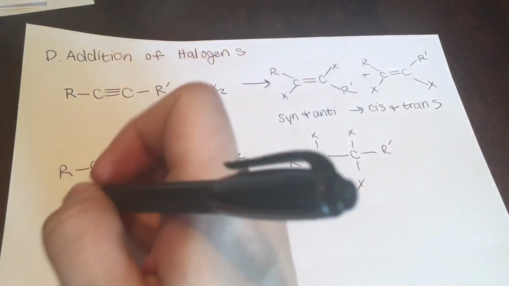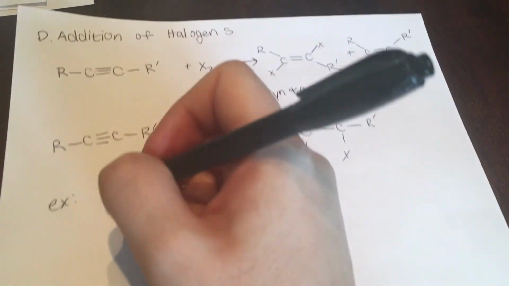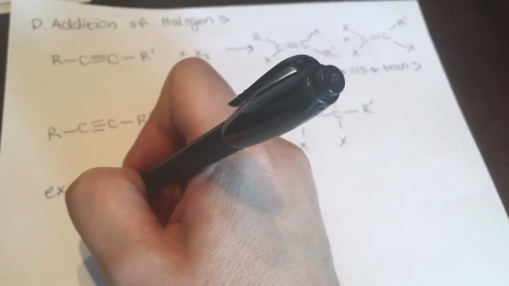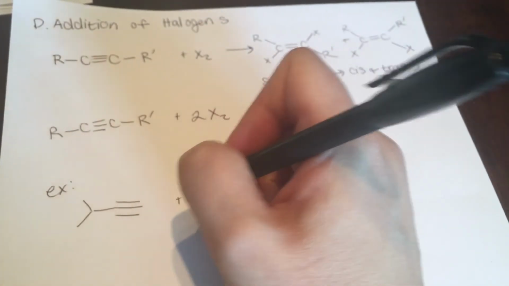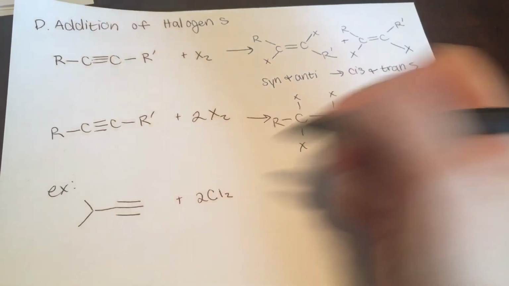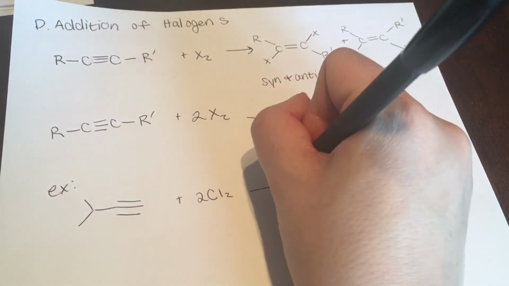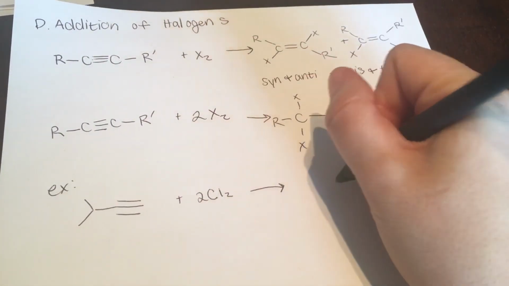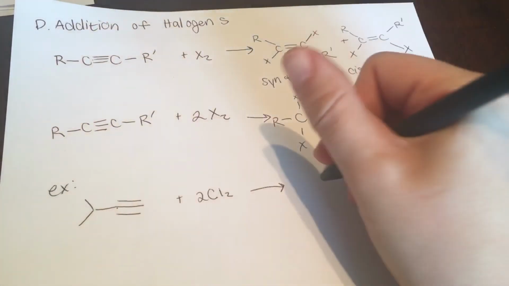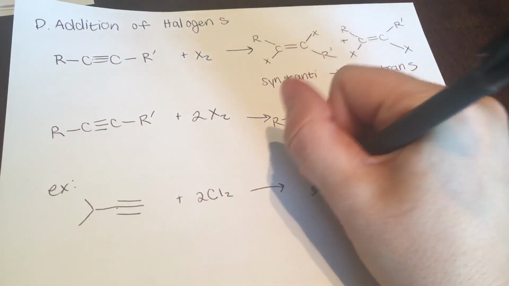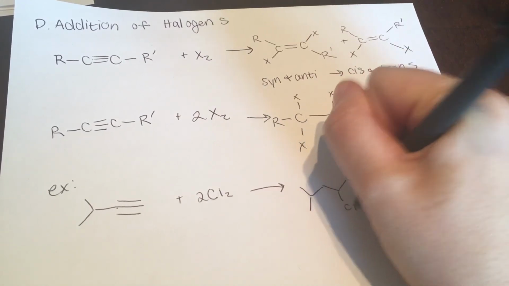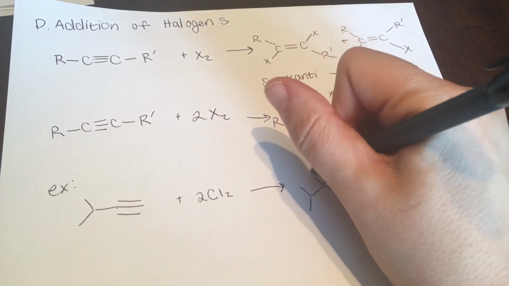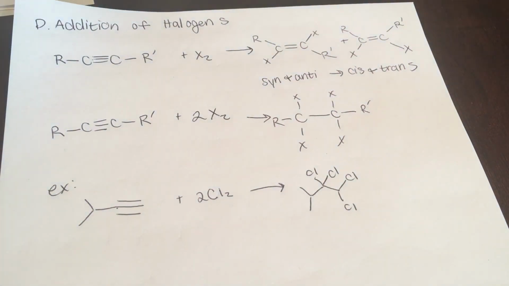So an example of this would be, let's say we have this triple bond here, and we react it with two equivalents of Cl2. So that is going to chlorinate this carbon here and this carbon here. And so we're going to get lots of chlorines on those two carbons, like so. Okay?